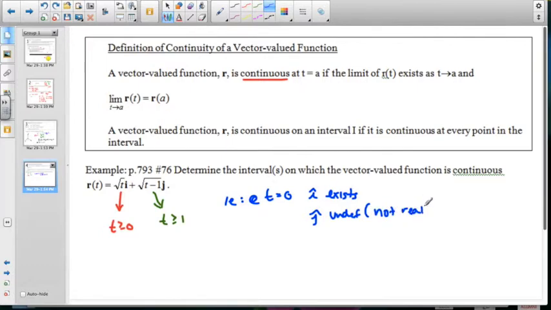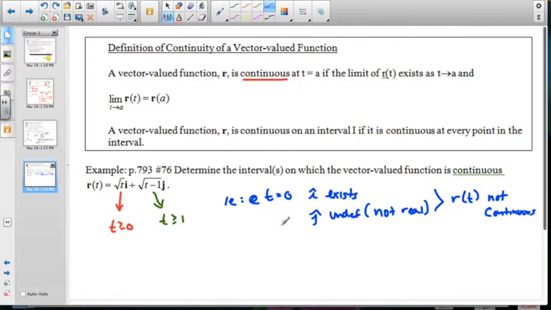It's complex. And so that being the case, if one of the components is not continuous, then the whole thing is not continuous. So r of t would be nonexistent or not continuous at that point in time, so to speak.